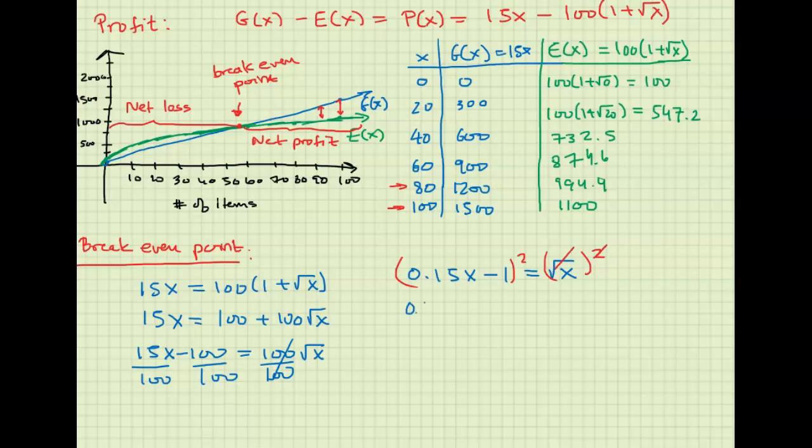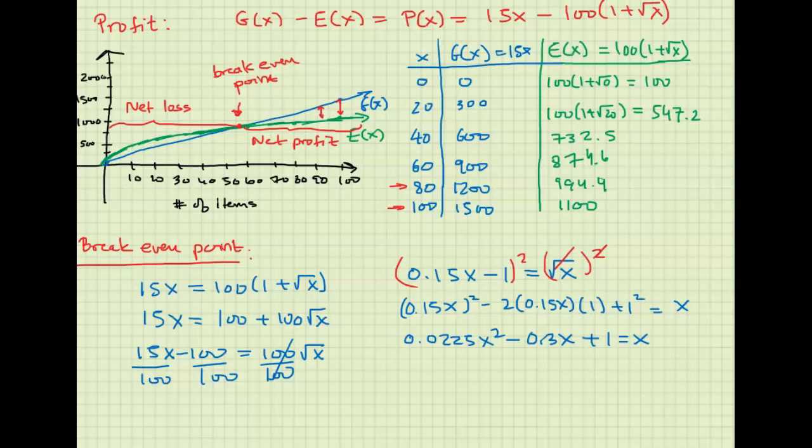So we have (0.15x) squared minus 2 times 0.15x times 1 plus 1 squared equals x. So 0.15 squared gives me 0.0225x squared minus 0.3x plus 1 equals x.